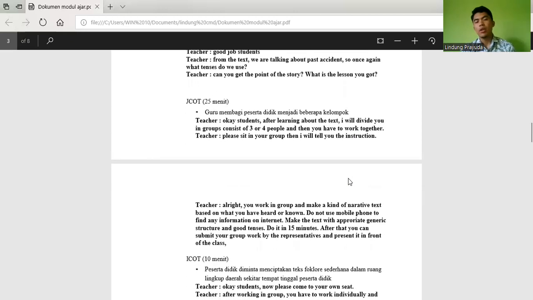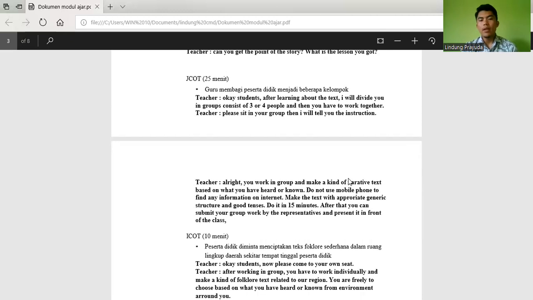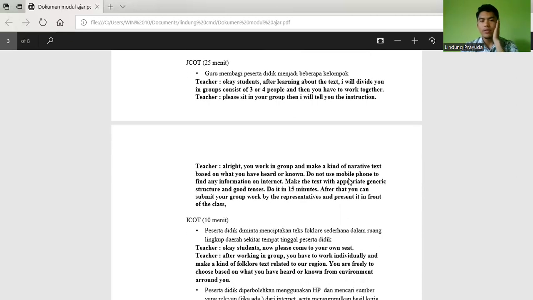That's joint construction of the text. And the last phase of the genre-based approach in ICOT: after they work together, the teacher will instruct the students to work independently, individually, to create a narrative text in terms of folklore related to the region where they live.